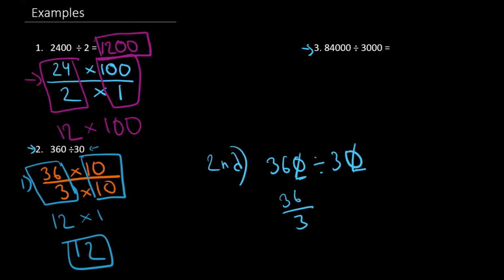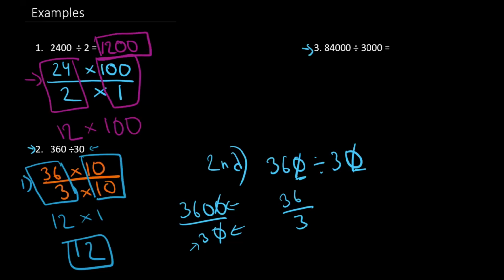What if we have something like 3600 divided by 30? Well, even for that, you can use this method. How many zeros are there in the first one? There are two, and then in 30, there's one. So you just cancel out the same amount of zeros. If there are no more zeros, like there aren't here, we just leave it like that.